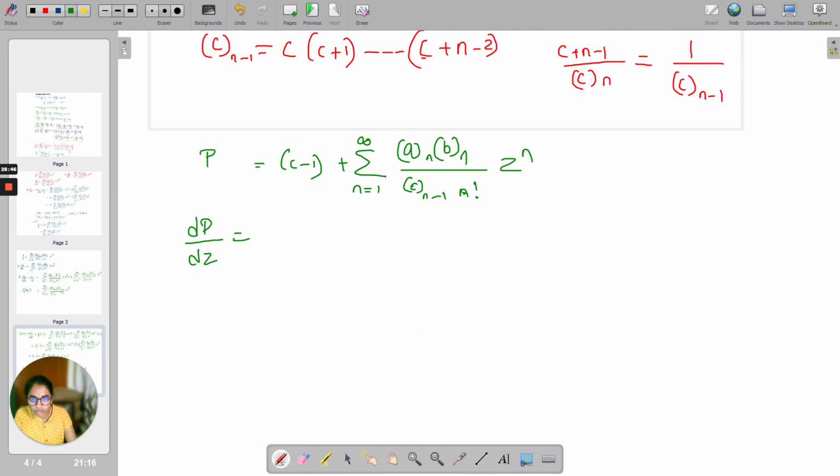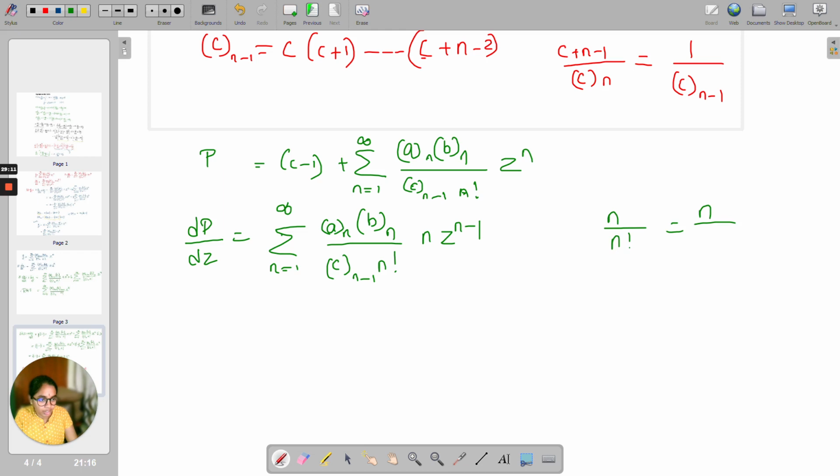If I differentiate, this is a constant, it would be 0. So that would become summation n is equal to 1 to infinity an bn divided by (c)n minus 1 n factorial into n z power n minus 1. Now we have n divided by n factorial.